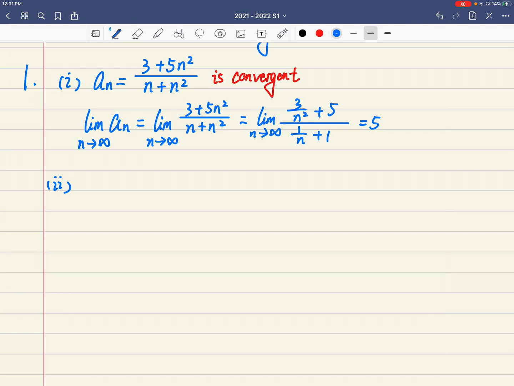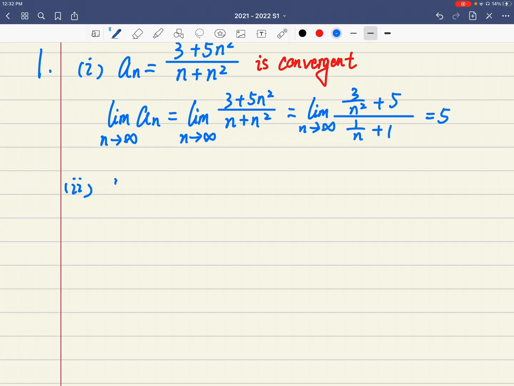Okay, let's do part 2. An is 7 to the power of n plus 5 to the power of n over 1 plus 12 to the power of n. So again, how do we determine whether the sequence is convergent or divergent? We can just get the limit of an.